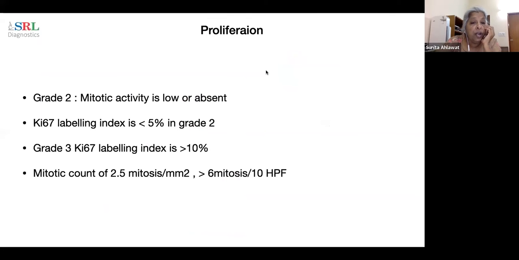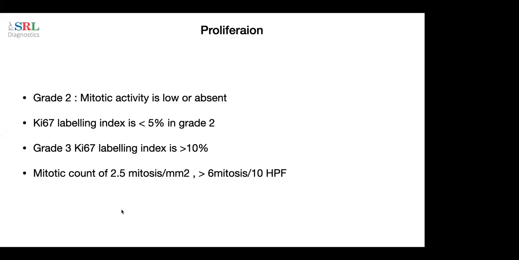In oligodendroglioma grade 2 tumors, mitotic activity is low or absent. The Ki67 labeling index is less than 5% in grade 2, and it is more than 10% in grade 3. A mitotic count of 2.5 mitoses per square millimeter, which is equivalent to more than 6 mitoses per 10 high power fields, if seen, will make it a grade 3 oligodendroglioma.